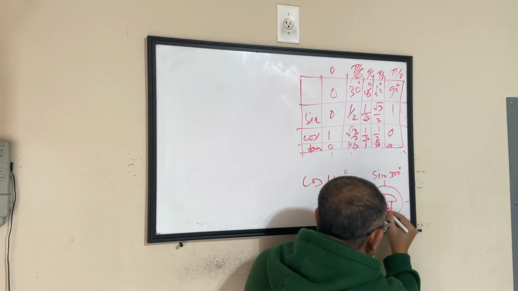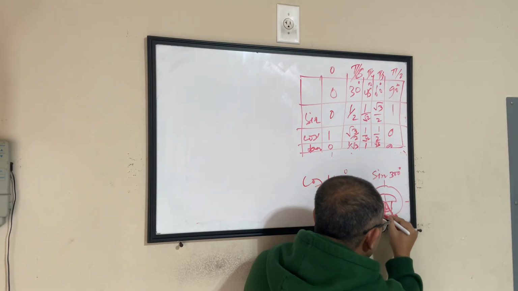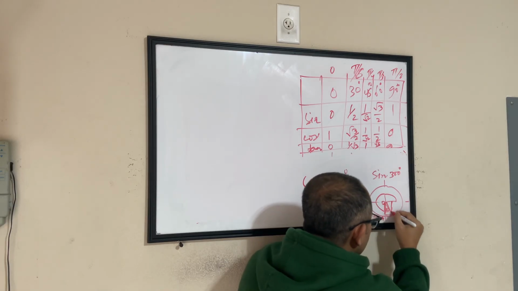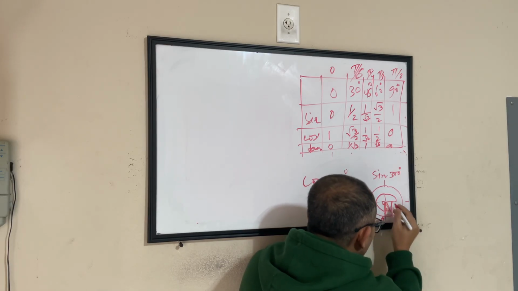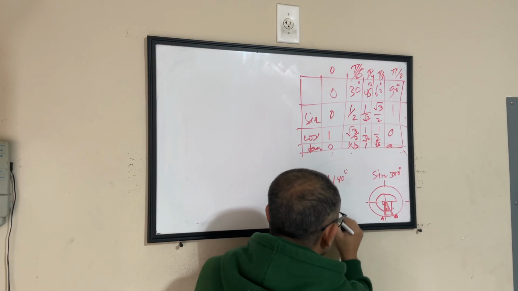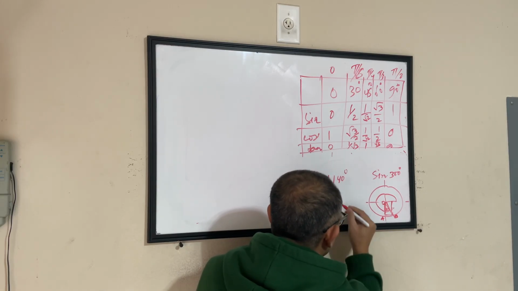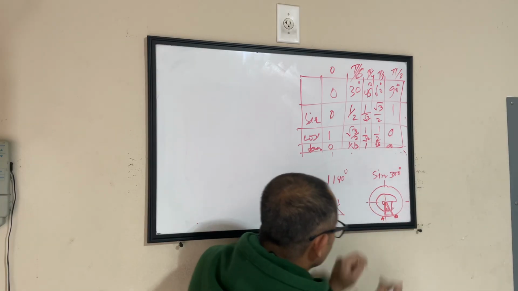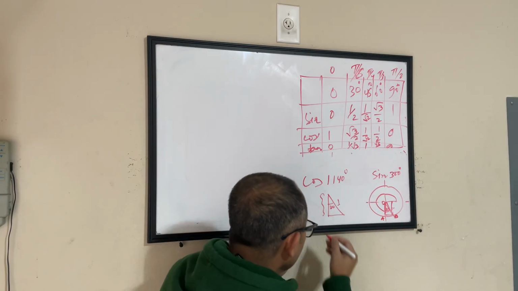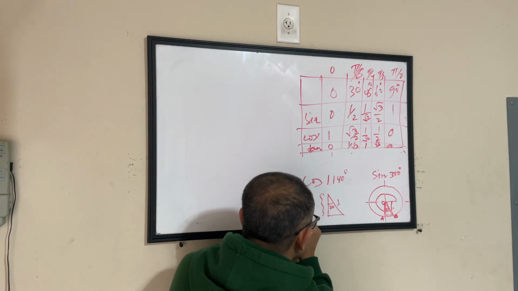Now how do I find this length? This is same as this length. Meaning if I look at this right triangle, this is my 30 degree angle, and this length I am trying to find out. The hypotenuse is 1 anyway because this is part of the unit circle. So this will be equal to cos.